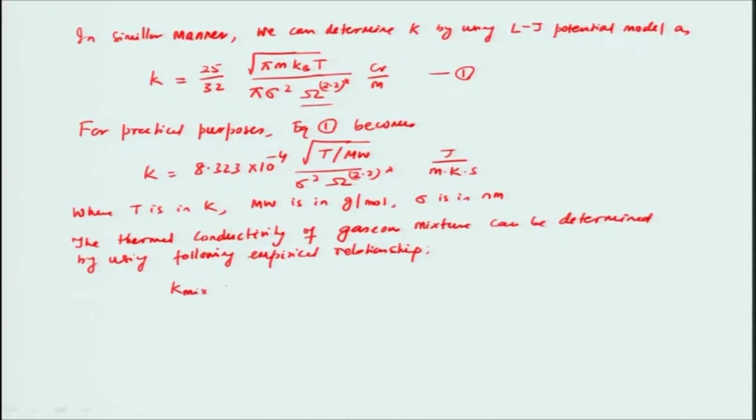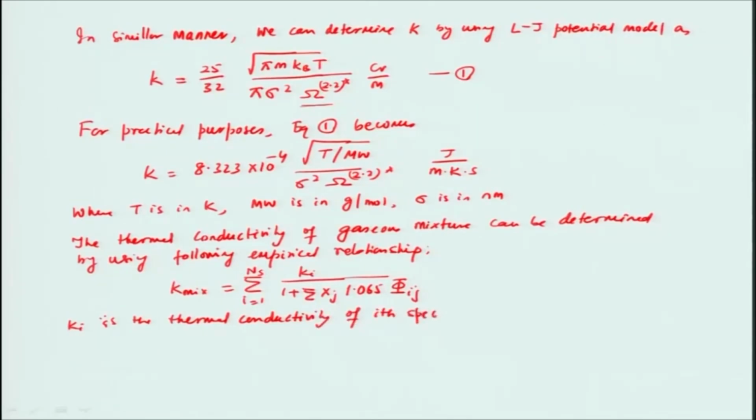K mixture is the sum over i equal to 1 to Ns, where Ns is the number of species, of K_i divided by 1 plus sigma x_j times 1.065 phi_ij, where K_i is the thermal conductivity of the ith species, and x_j is the mole fraction of the jth species.